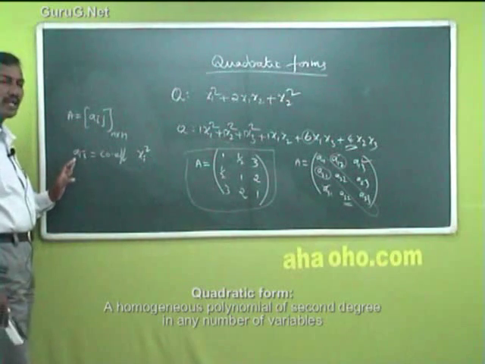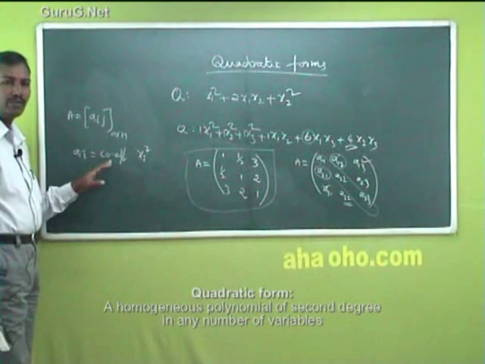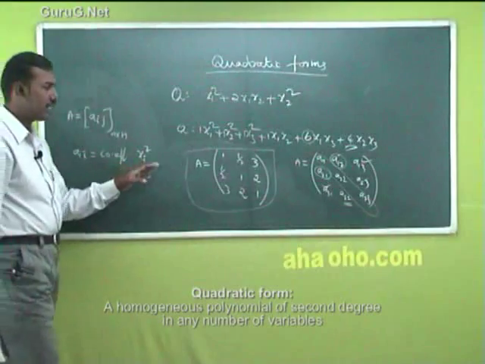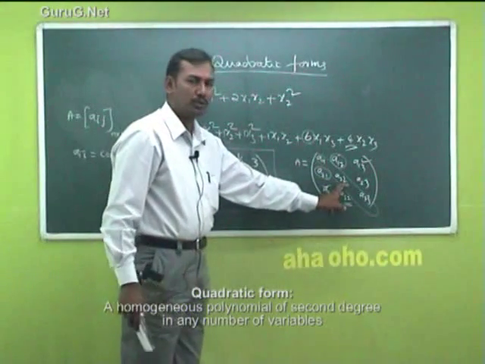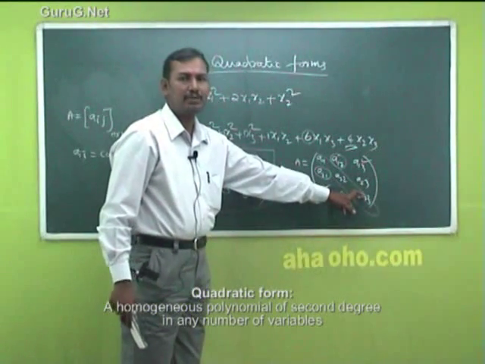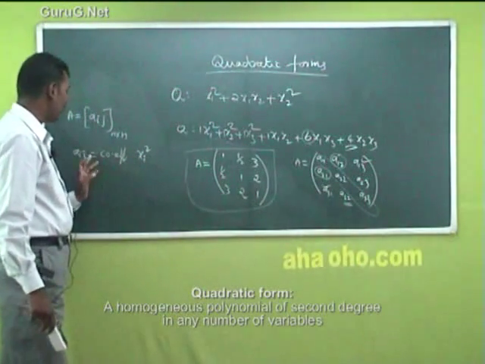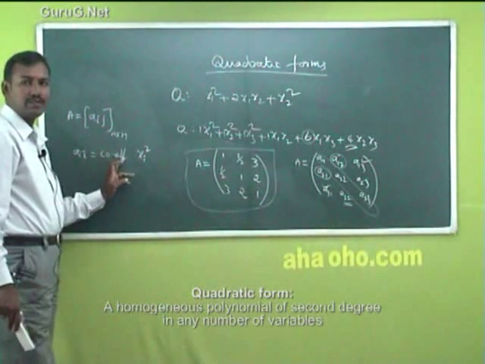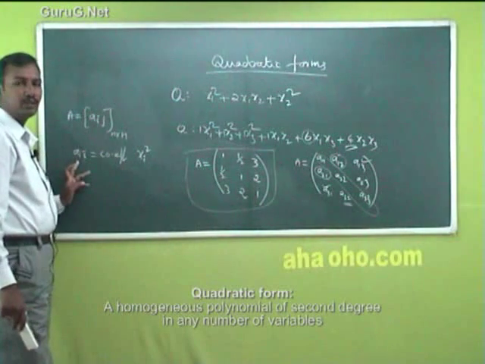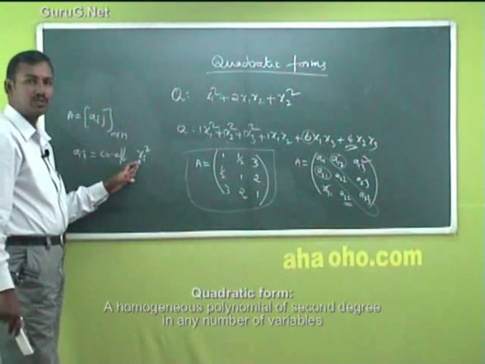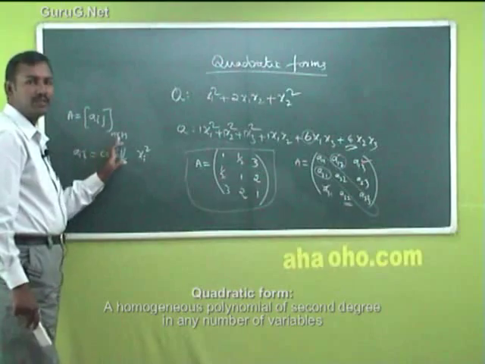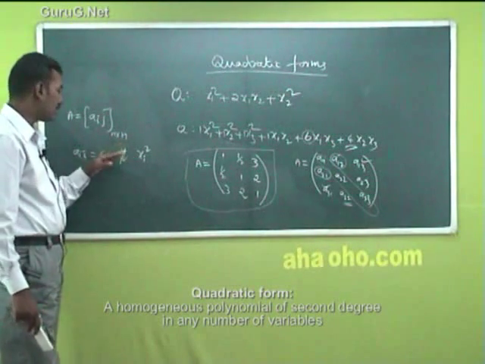The value of Aii equals the coefficient of xi square, that is A11, A22, A33. If you say A11, it is the coefficient of x1 square. A22, the coefficient of x2 square. A33, the coefficient of x3 square, like that. So this is the general case.